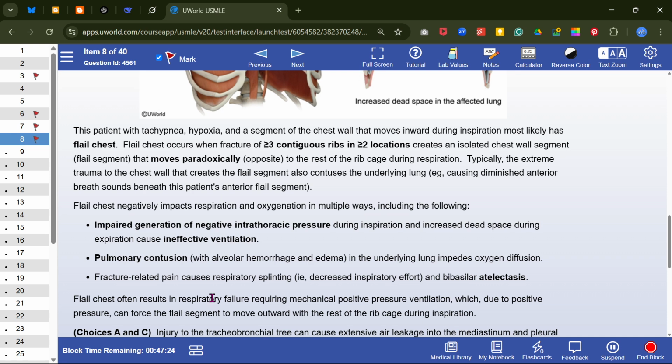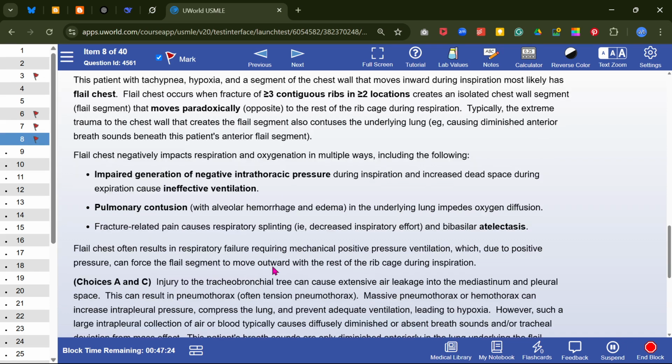Pulmonary contusion with alveolar hemorrhage and edema in the underlying lung impedes oxygen diffusion. Fracture related pain causes respiratory splinting, decreased respiratory effort, and atelectasis.